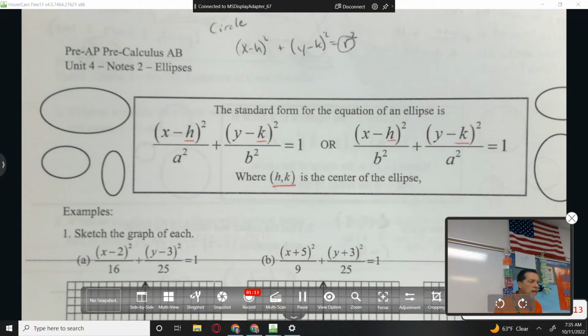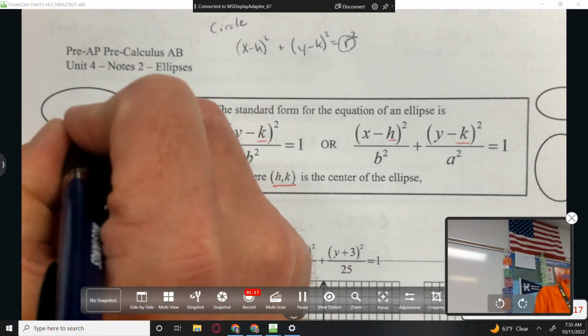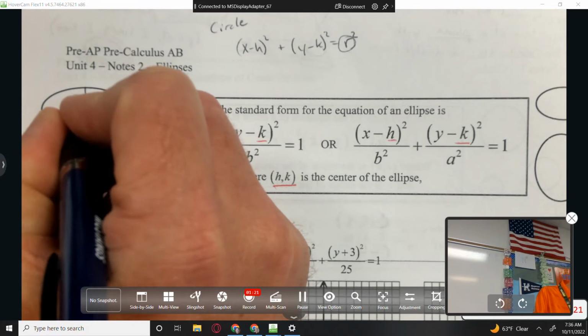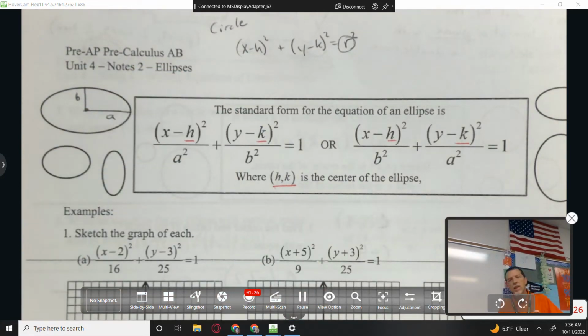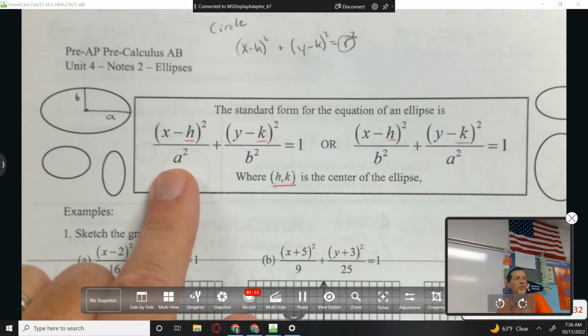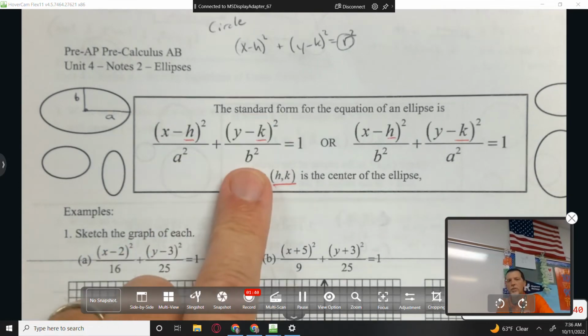An ellipse has two radii, depending on which way you're going. And so if it's under the x, it's not a radius. I shouldn't really use that word because that's not what a radius is, but it kind of plays the same role. If it's under x, you go that many in x. And if it's under y, you go that many in y.